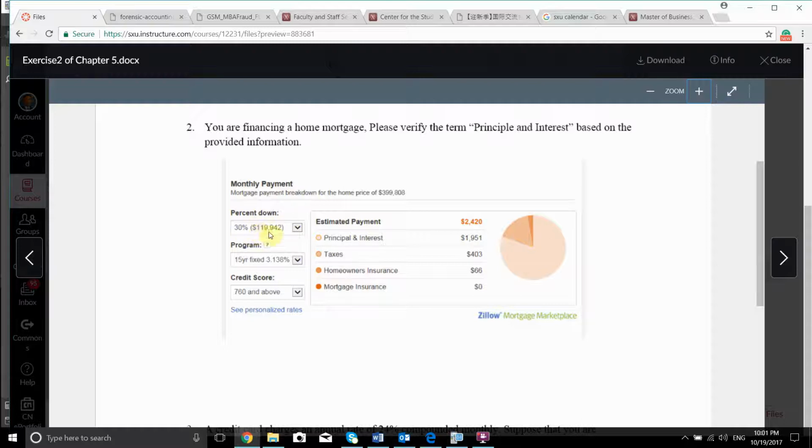So assume you already have some cash in your pocket, 119,000. Use that as a down payment, and then you borrow the rest. In other words, you are paying 30% and borrowing the remaining 70%. So the amount that you are borrowing is 70% of the price.